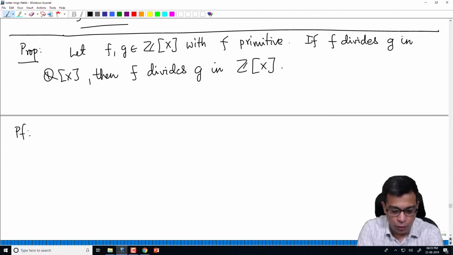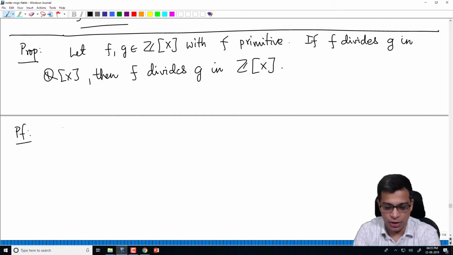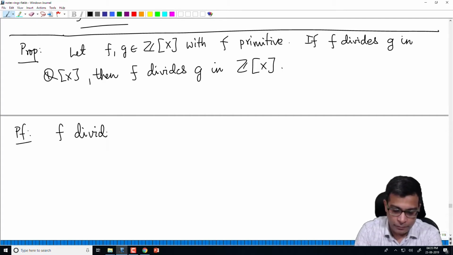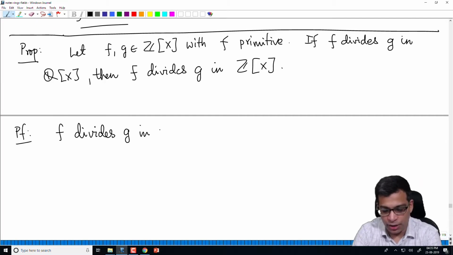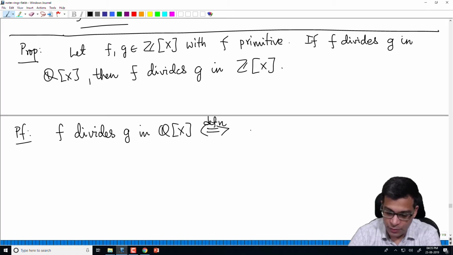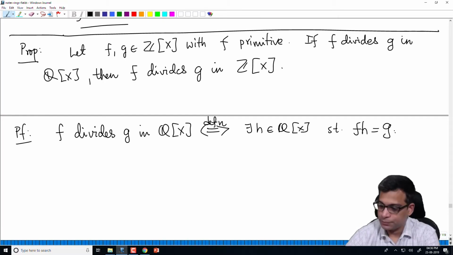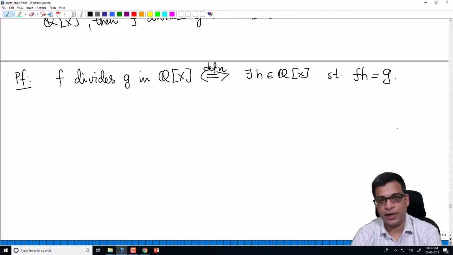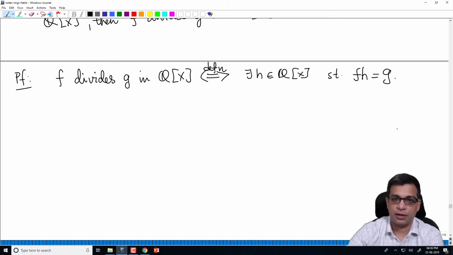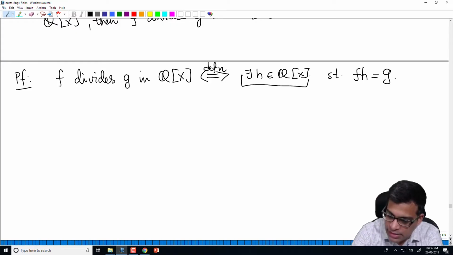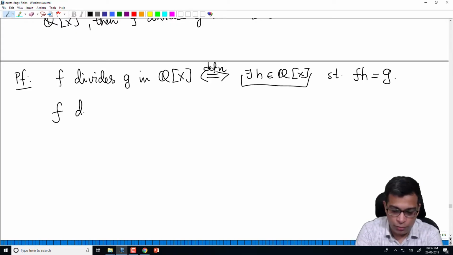So before we start the proof, let me quickly recall what it means for division to happen in a certain ring. If f divides g in Q[x], remember, by definition, this means there exists a rational polynomial h in Q[x] such that fh is equal to g. If an element divides another element in a ring R, that means there is a third ring element such that the first element times the third element is the second element. So here the crucial thing is h is in Q[x]. Now what is the meaning of the same thing, f divides g in Z[x]?